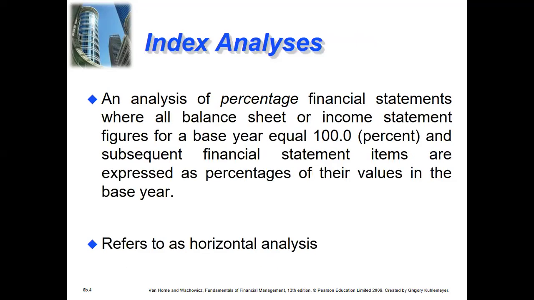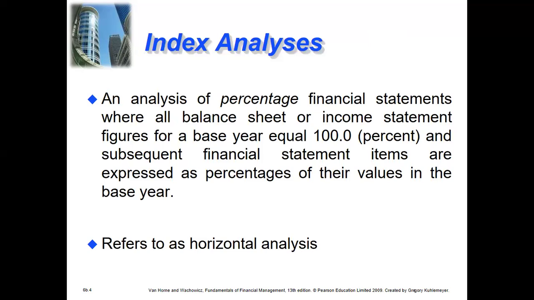Another analysis you could also do is the index analysis, which is also called horizontal analysis. So with that one, you go by line, focusing on each item on the statement of financial position or the income statement. And then you compare it to the previous year's figure or a base year figure that has been given.